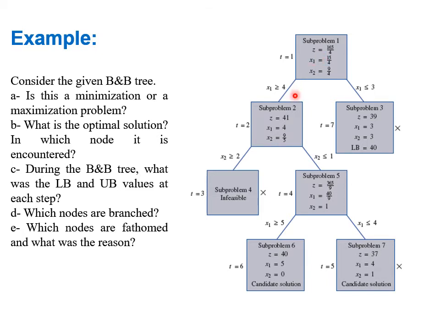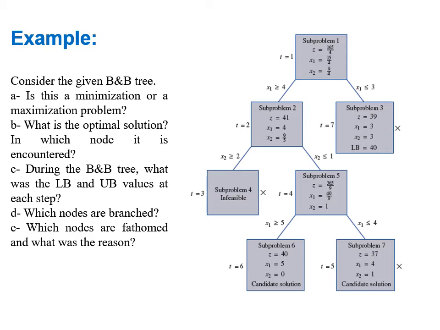Either they will stay the same or they will reduce. In a minimization problem, it's the opposite. When you go from the root node to the other branches, the objective function value will either be equal or larger. Okay? So this is the first question.